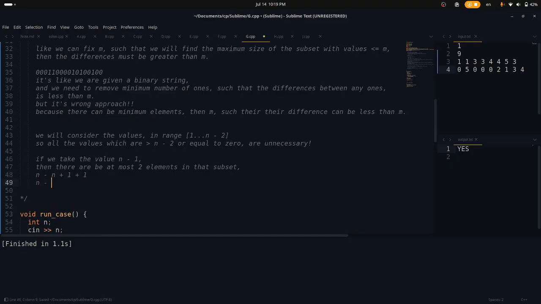So it's like n minus max value plus 1. Is that true? No. No.